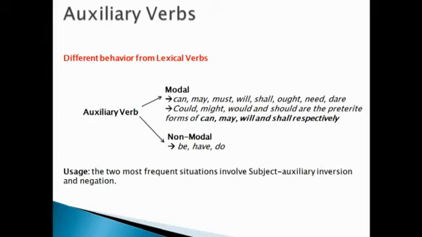So we have two most frequent situations in which we use these verbs. The first one is in the inversion to ask questions, when you invert subject and auxiliary verb. And the second one is when you have to construct a negative sentence, in which the auxiliary verb will take the not.